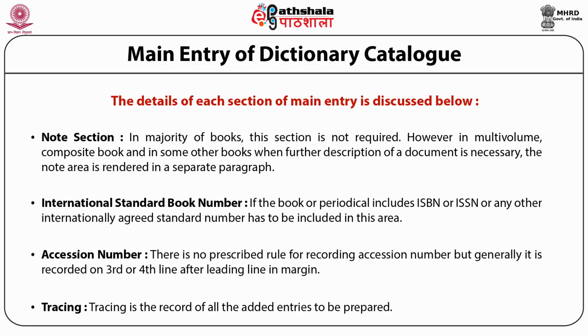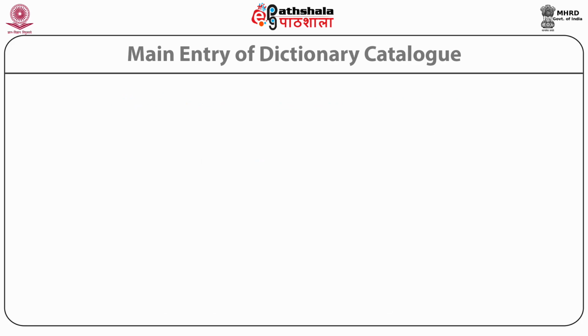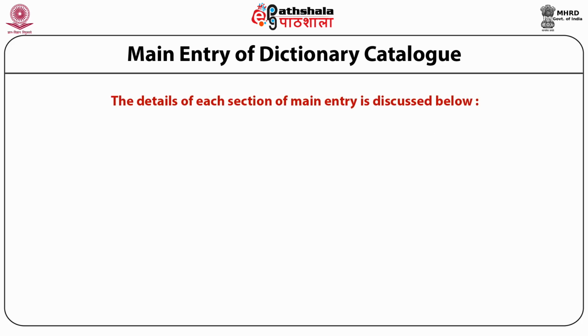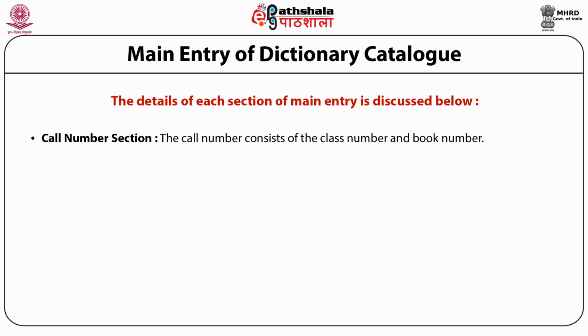Now, let us study the sections of main entry and added entry through a cataloging of a title page. The details of each section of main entry is discussed below. First, call number section. The call number consists of class number and book number.